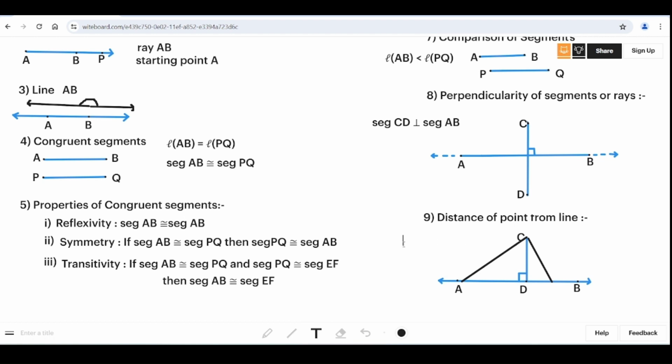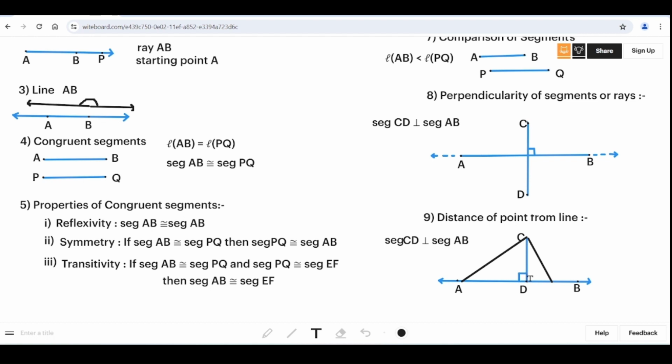Here CD is perpendicular to segment AB. Here also we can call it segment CD. Segment CD is perpendicular to segment AB.